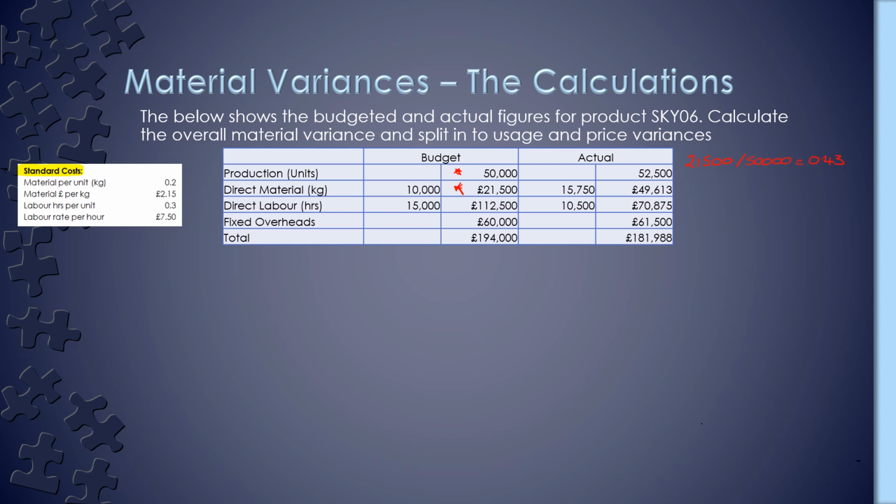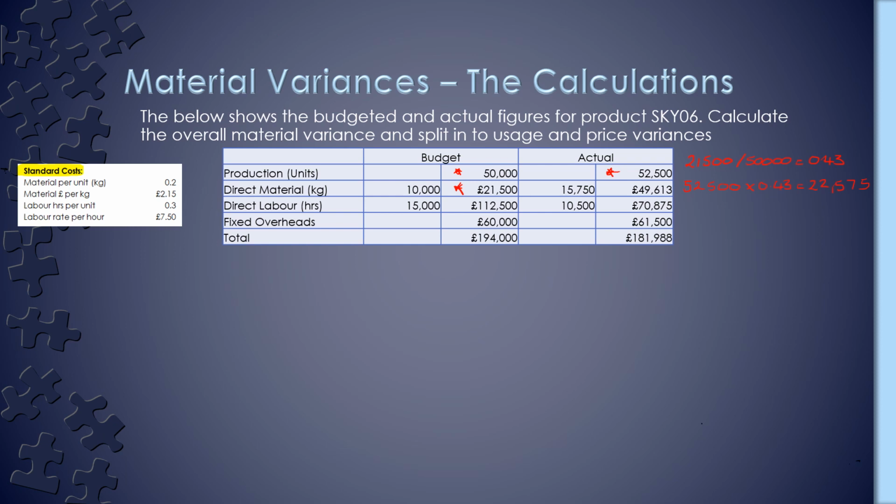So we know that for every unit we are expecting to spend 43p in total on our materials. To apply that to our actual figure, we made 52,500 units. We're expecting that to cost us 43p per unit. So therefore we're expecting a material spend of £22,575.